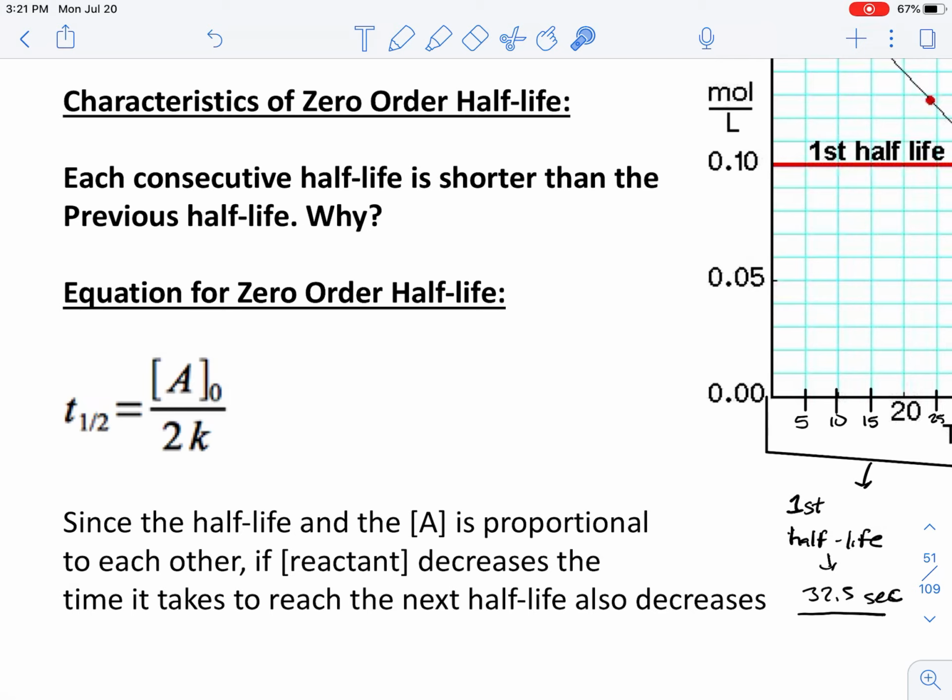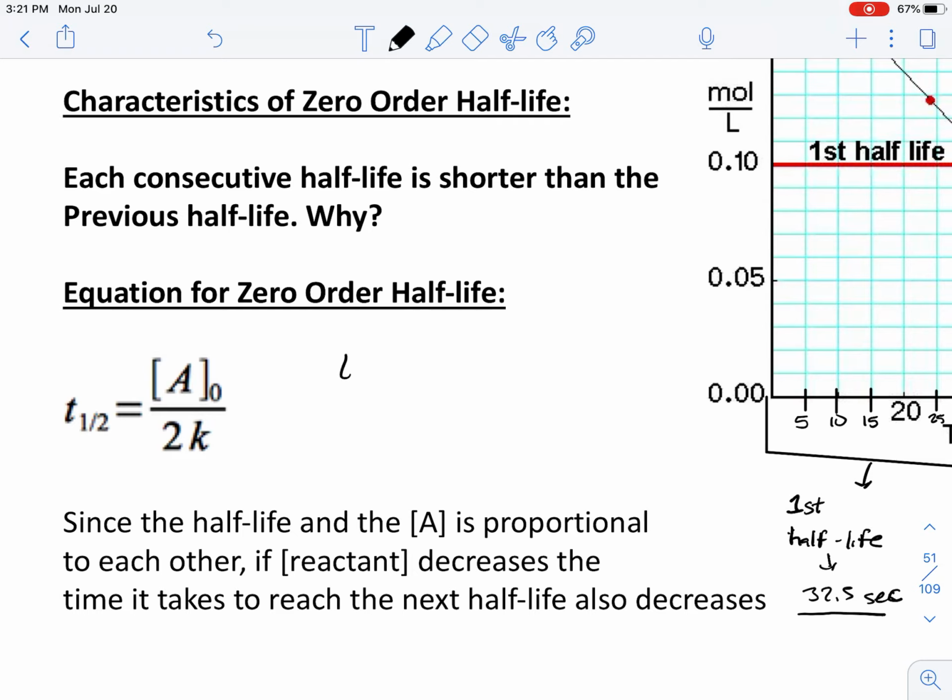To answer that question, we're going to take a look at the equation for zero order half-life. The half-life under zero order is the concentration of the reactant A divided by 2 times the rate constant K. Notice they're both in numerators.